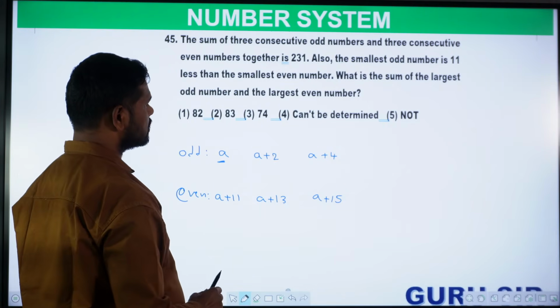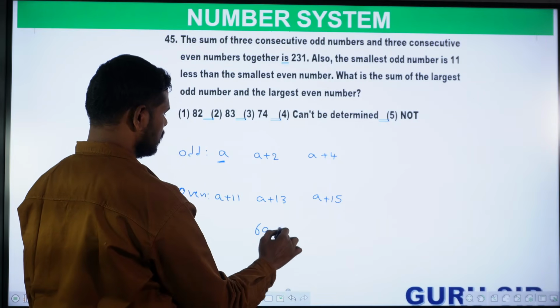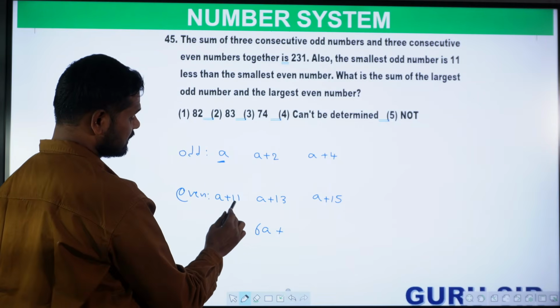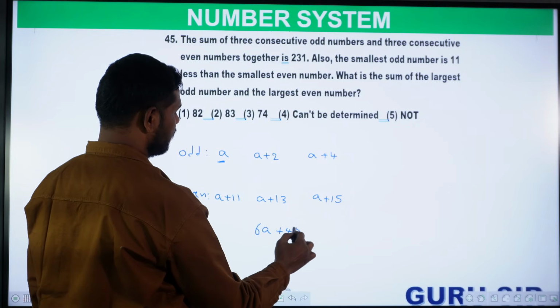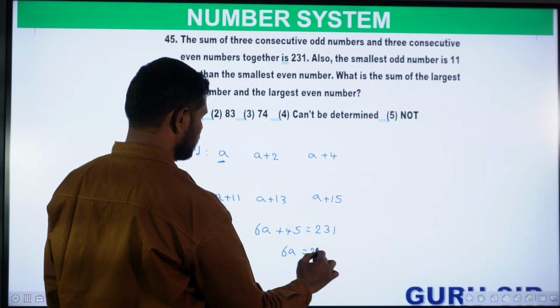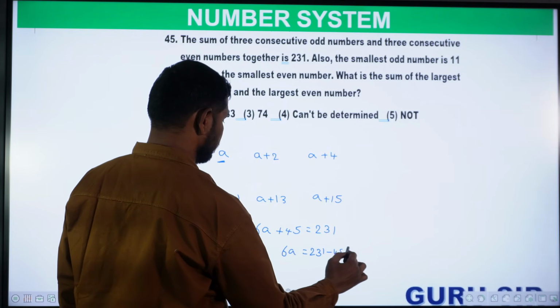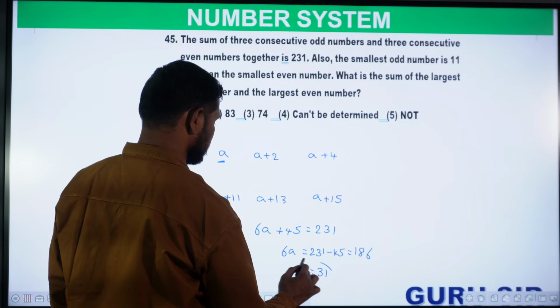Sum is given as 231. A plus a plus a plus a means 6a, plus 2 plus 4, 6, plus 11, 17, plus 13, 30, plus 15, 45. Given as 231. 6a is nothing but 231 minus 45, 186. A equals 186 by 6, 31.